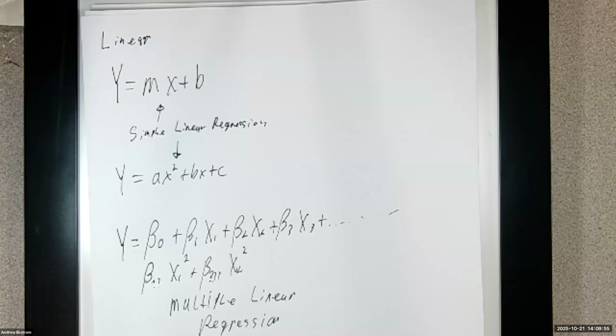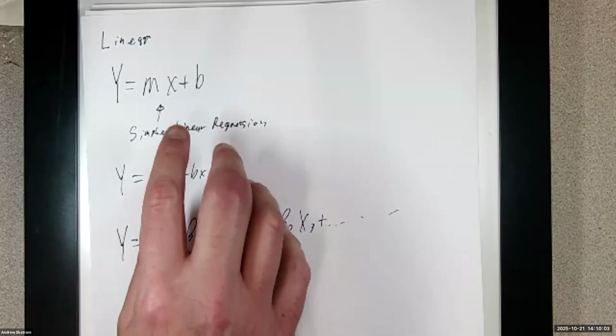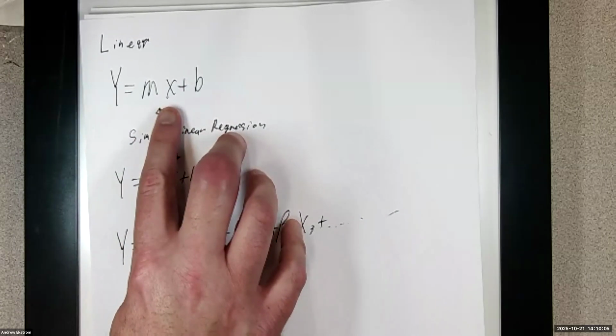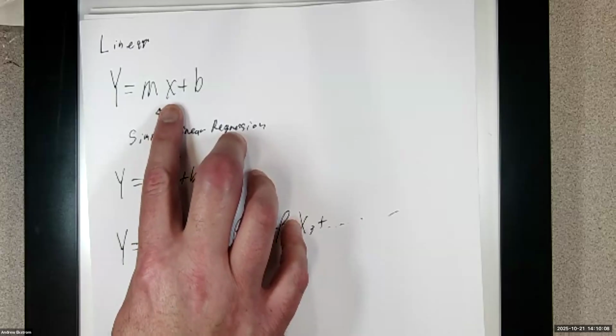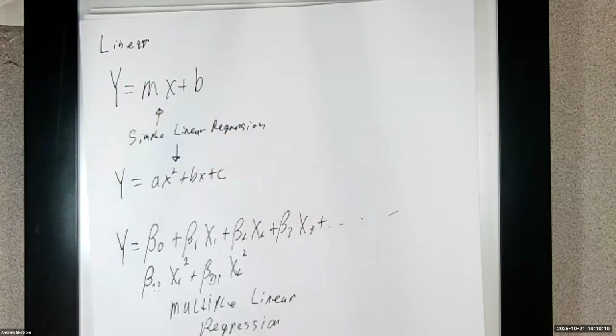With linear regressions, same assumptions as we had before. We assume that all the different X values are going to be independent of each other.